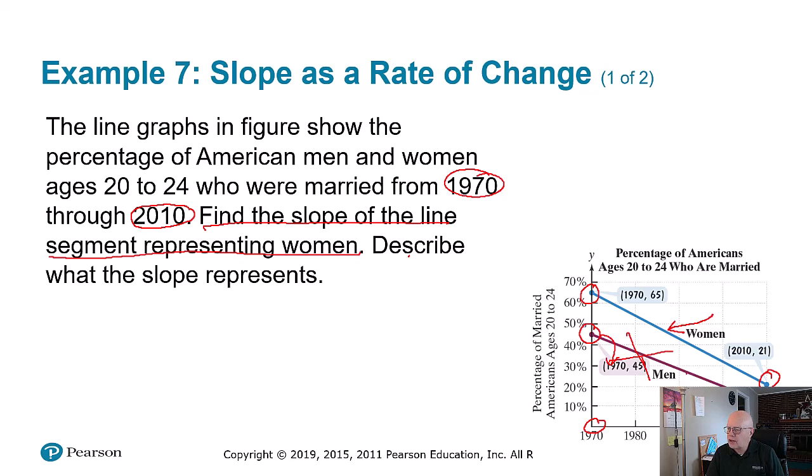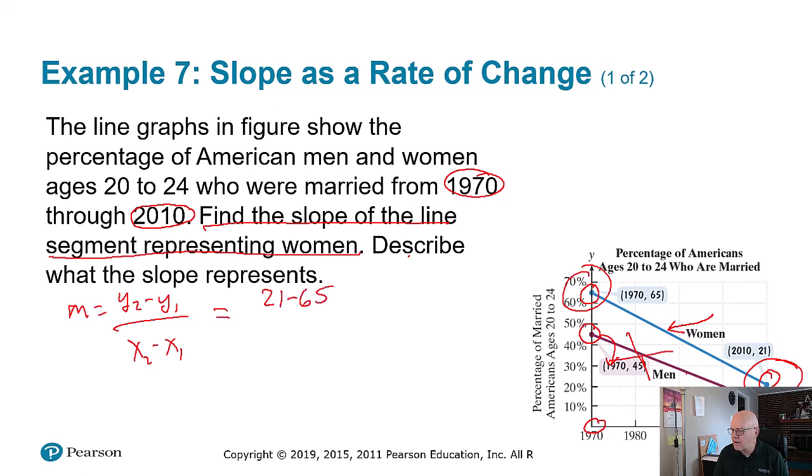So you can interpret that. What does the slope represent? Well, what is the slope? If we look at the women, remember the slope, y sub 2 minus y sub 1 over x sub 2 minus x sub 1. So here's your first point. Here's your second point. So on the top, you're going to have the y values, so it'd be 21 minus 65.